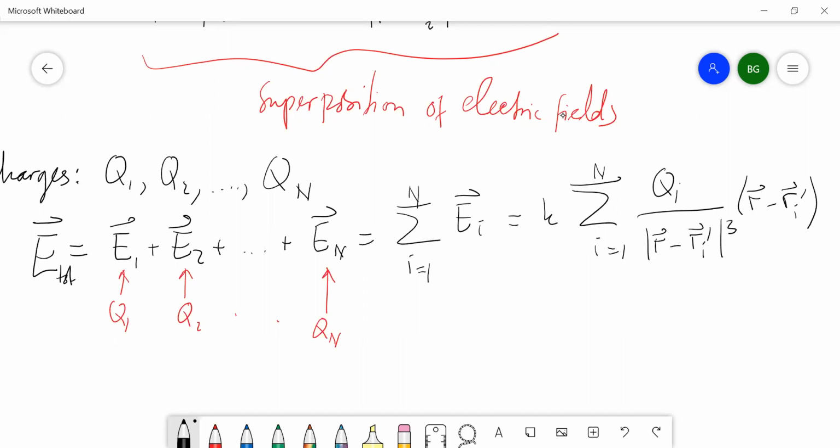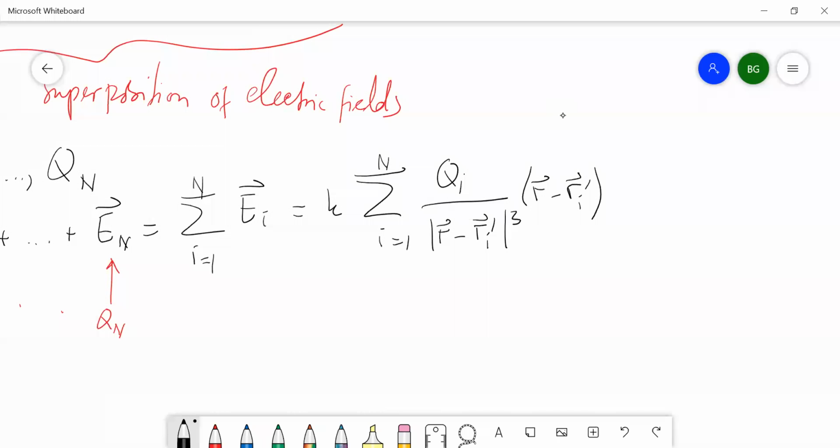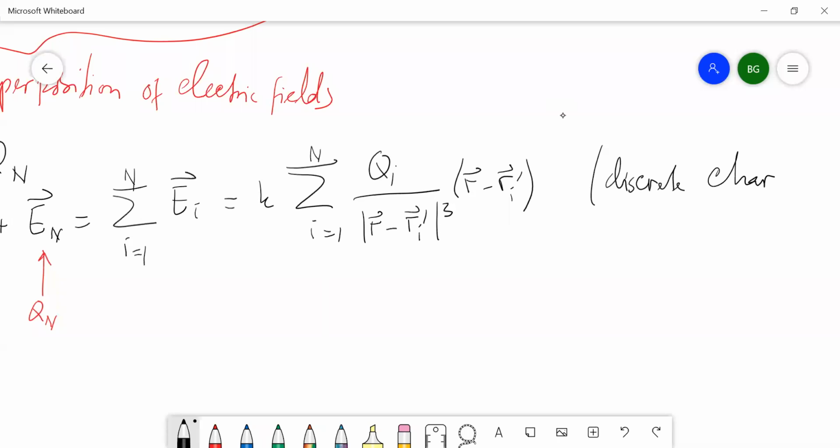In nature, for example in our universe, which one is realistic? You know that there are discrete charges, and also continuous charges.